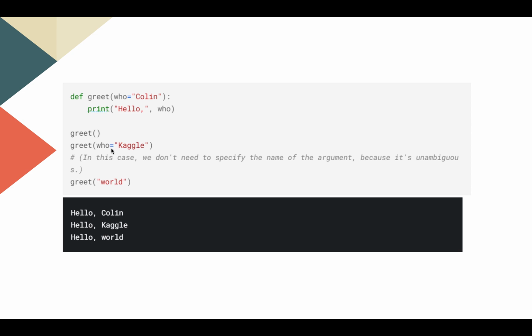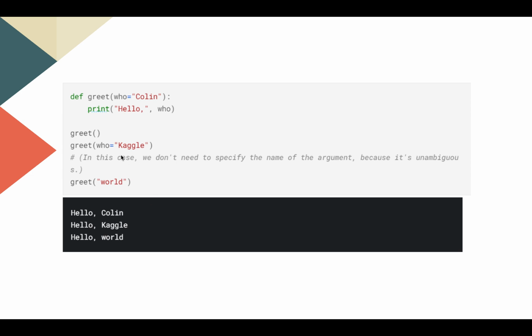In this case, there's only a single variable, right? If there were multiple variables within this function, it would have been hard to determine where a certain variable belongs. But in this case, there's a single variable within the function, so there is no need to make mistakes. So if we just say greet world, it's going to print hello world.